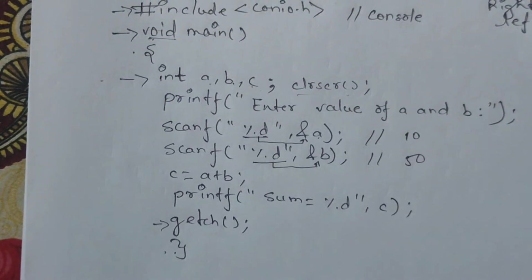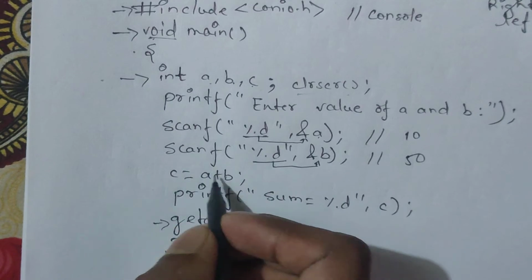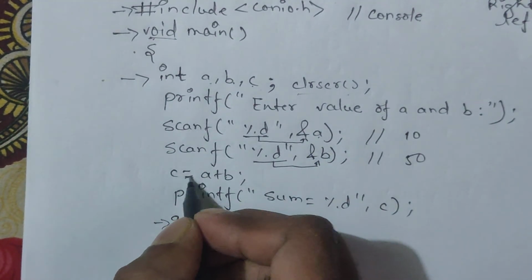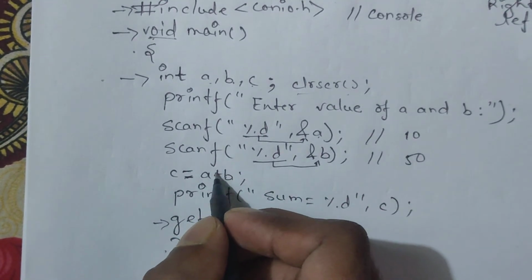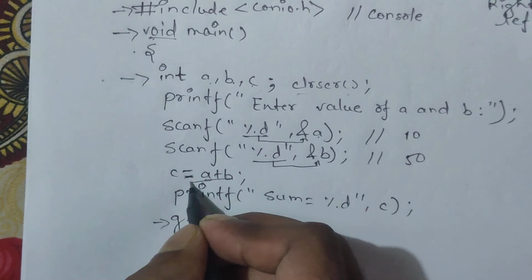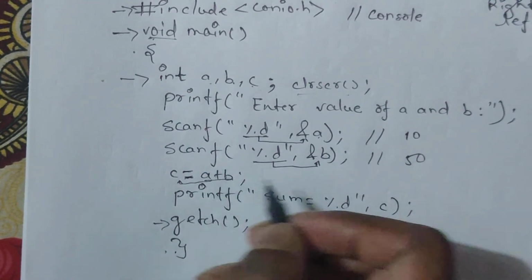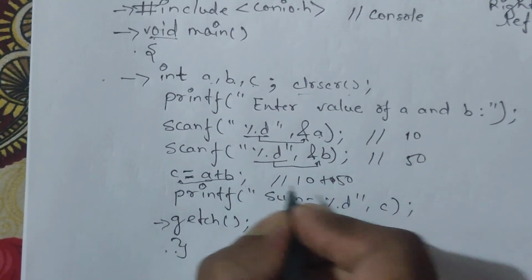Now let's process it. How will we process? We will give some formula, where we assign a value from right to left by using the equal to operator. So let's see, a plus b is assigned to the variable c, and c will hold the data of a plus b. So what will be a plus b? Here 10 plus 50. So what will it be?